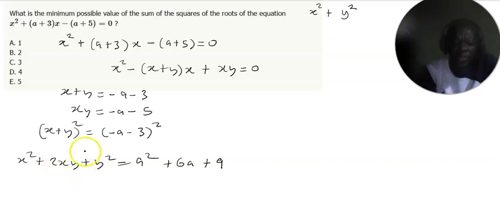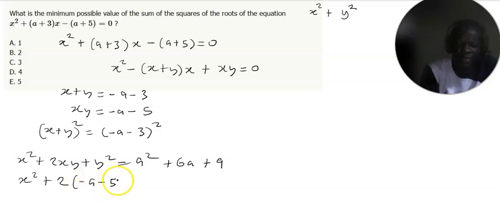Now, if you look at this properly, you discover that xy has been given here to be minus a minus 5. So we just substitute for xy. This becomes x squared plus 2 times (minus a minus 5) plus y squared equals a squared plus 6a plus 9.